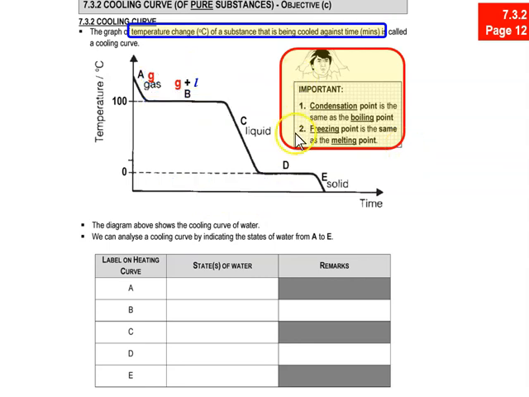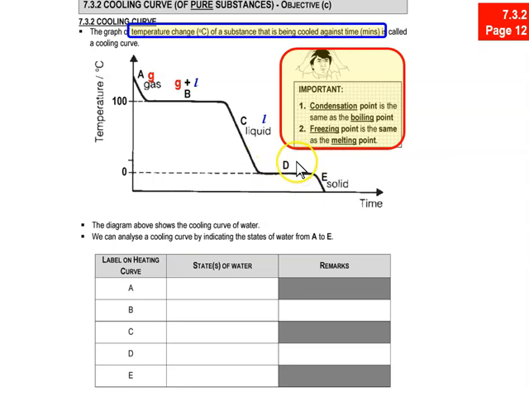Okay, so then what happens at the end of B? This will be fully liquid, and then the liquid will start to lose heat, and that's why you can see the temperature is decreasing. So it will be fully liquid. Now at D, you can remember what Miss Lee said. At D, this part here is a flat line, so this represents a change in state.